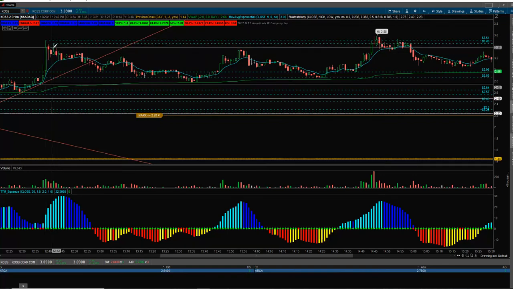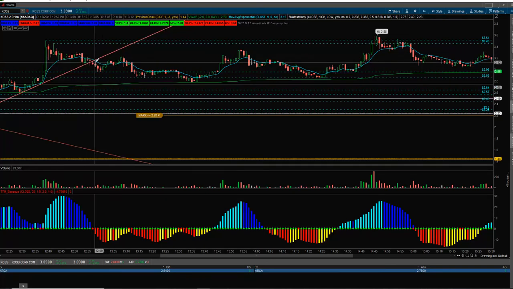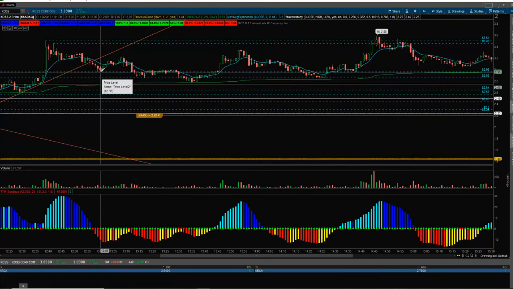And right here I would have taken a short, risking this, had I had shares to short, because when you get this kind of volatility, you're going to get a wash. And it kind of washed back down. And if you notice here, look at how it bounced off those previous resistance levels, which now act as support.